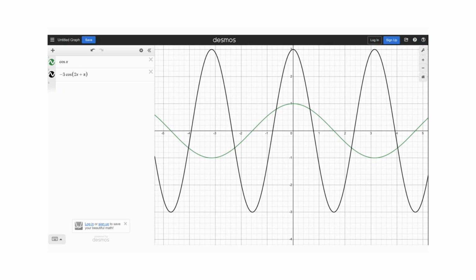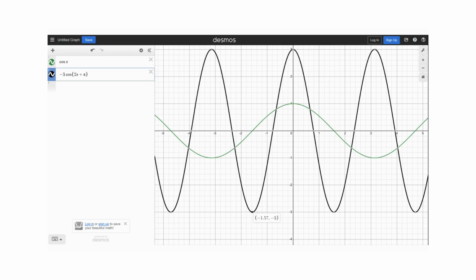So let me see my calculator. If I do pi divided by 2 in my calculator, that's 1.57. So negative 1.57.